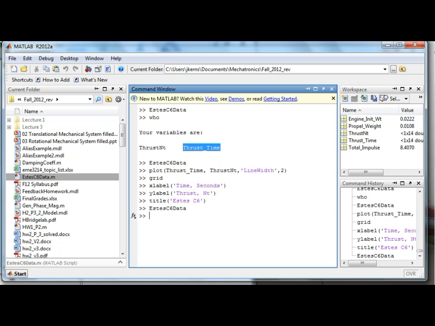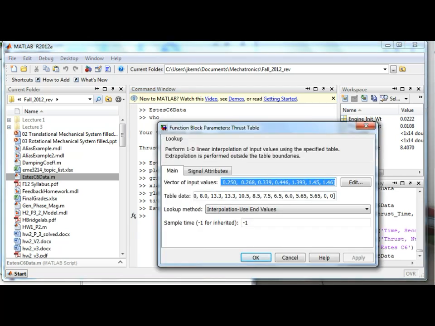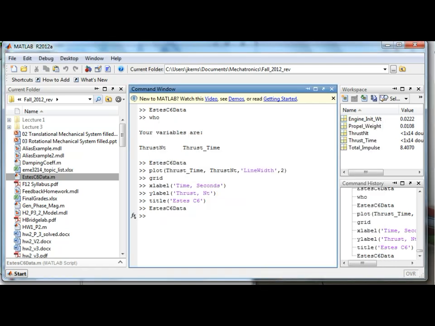So I can put in the name of the workspace variable instead of the numeric values. I've got too many versions of this model.